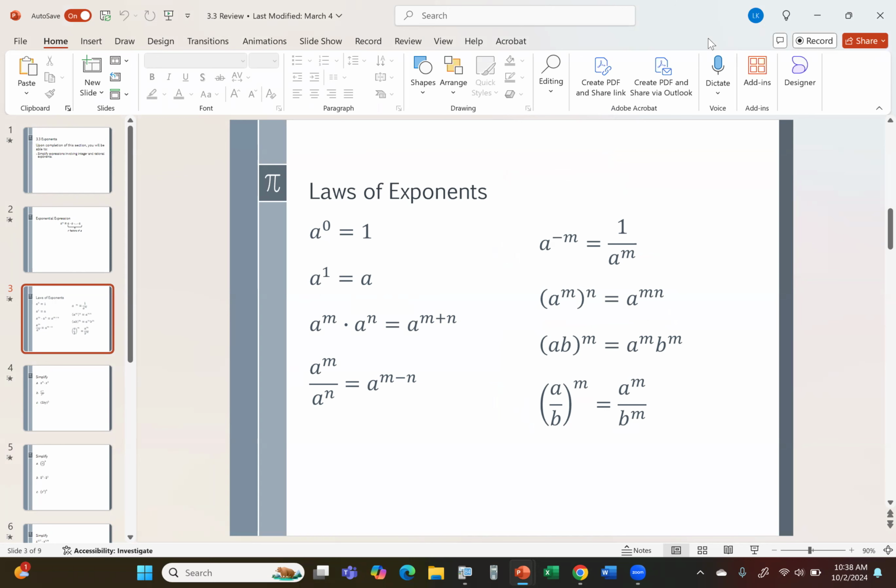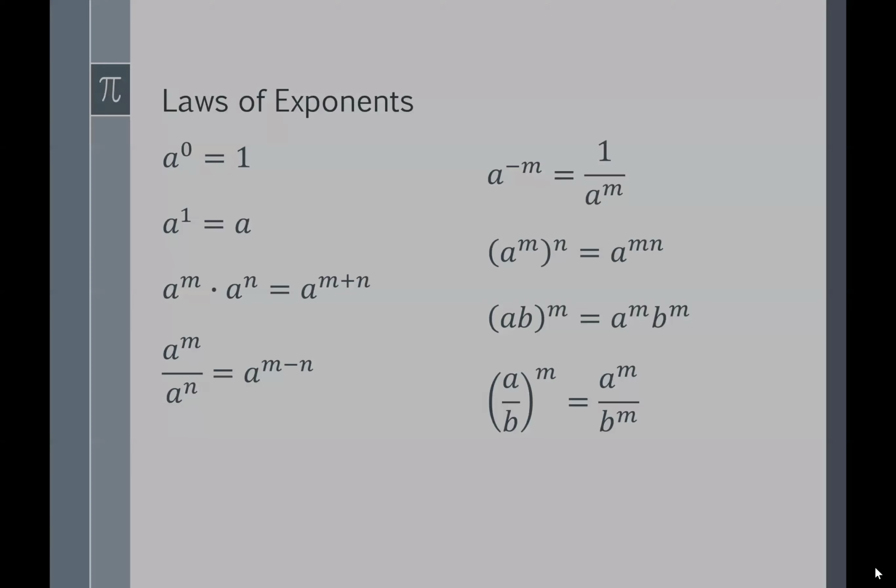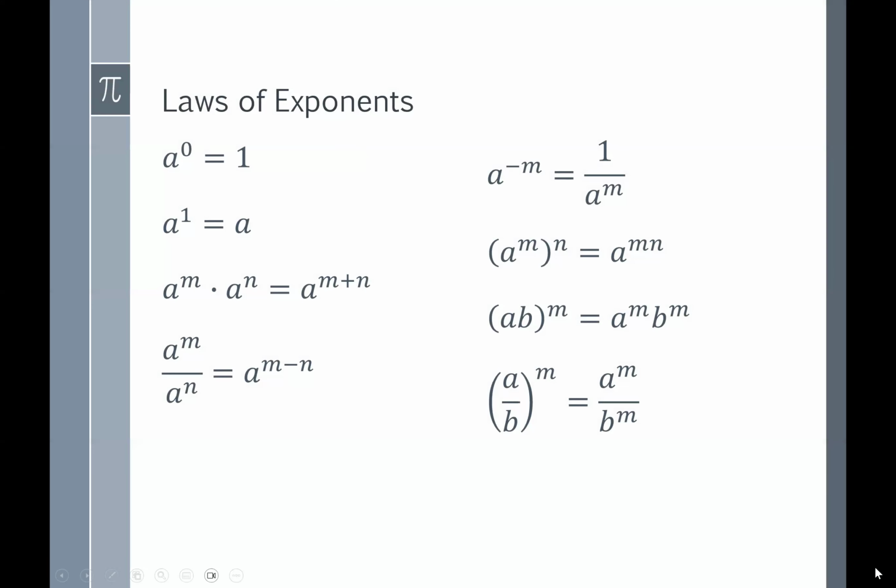No, actually, it is 1. And the reason it's 1 is the way that division works. It deals with this property right there.